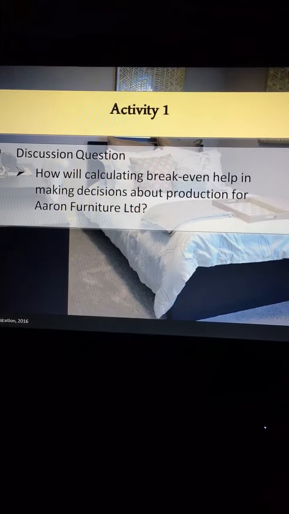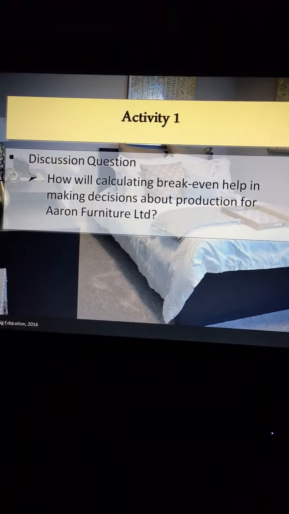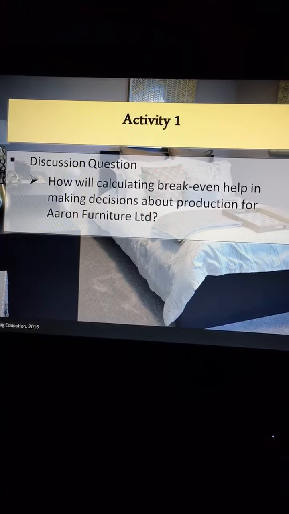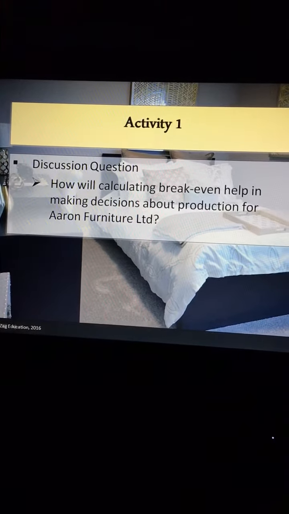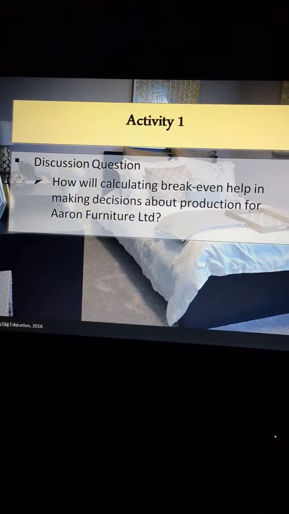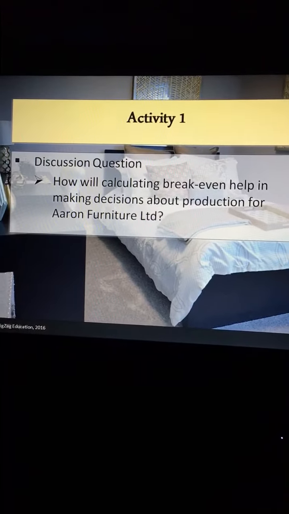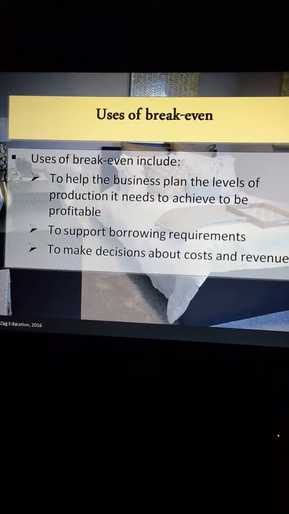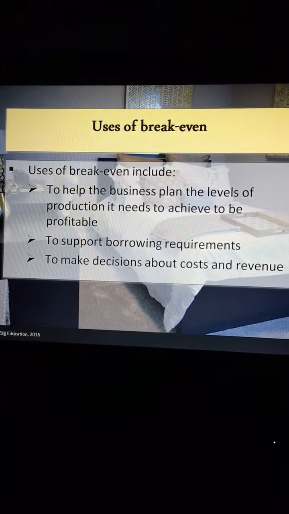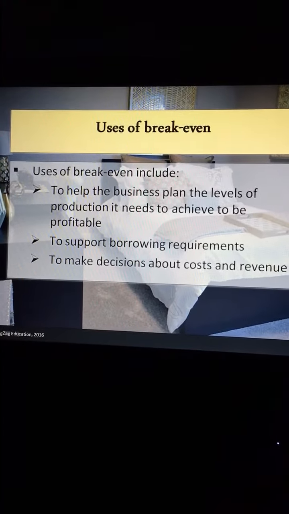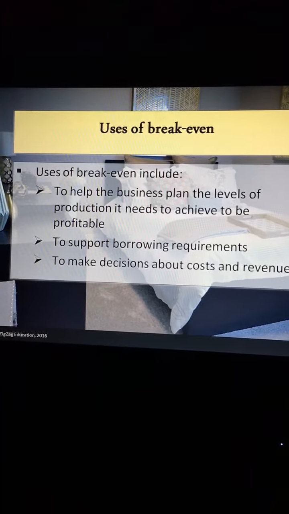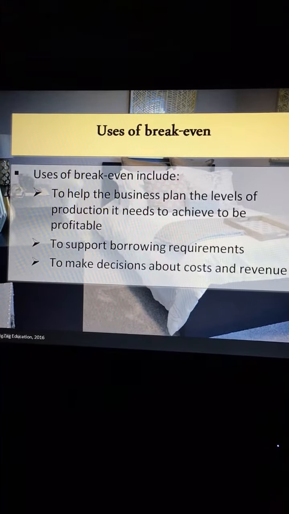Okay, so if you got asked the question on Friday, how will calculating break even help in making decisions about production for Aaron Furniture, you should be talking about sales, turnover and the point at which you break even with those products. It does help a business plan what levels of production it needs to achieve to be profitable.